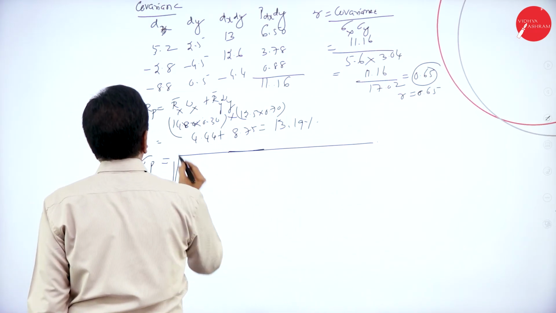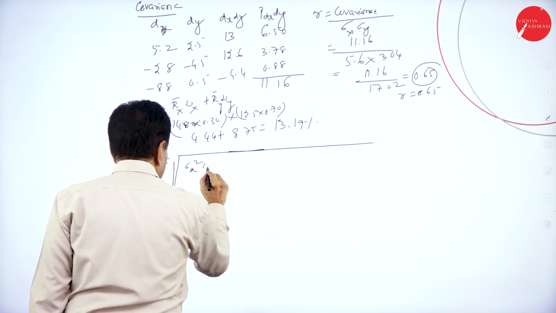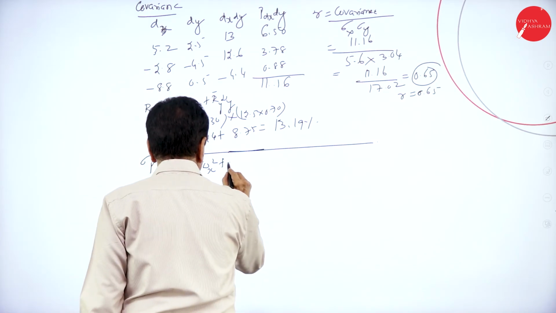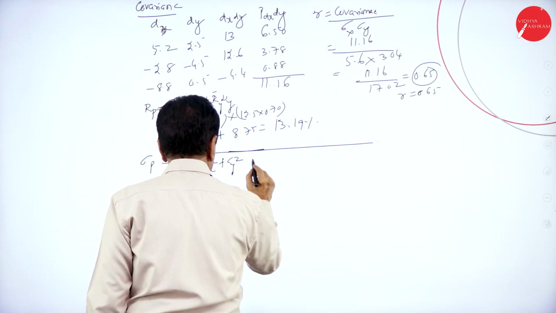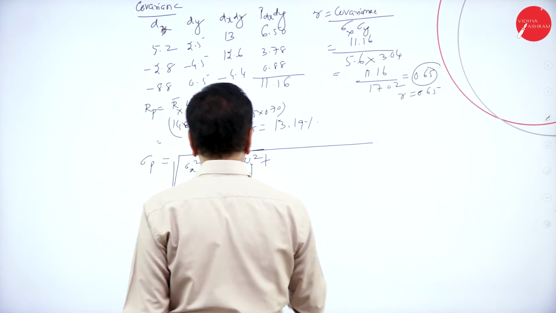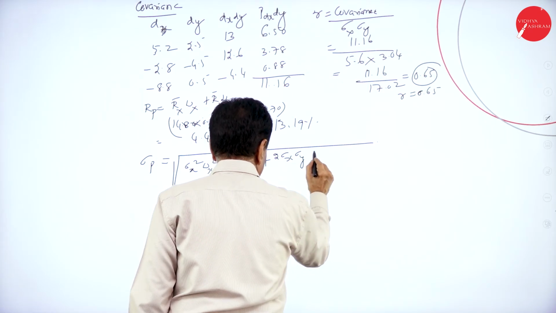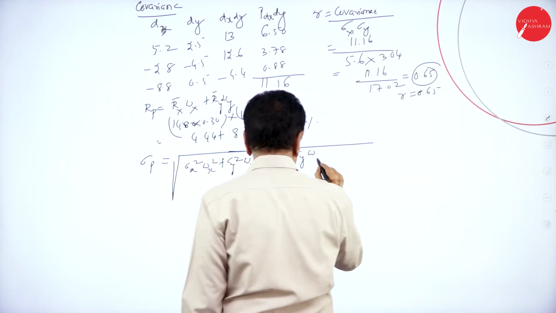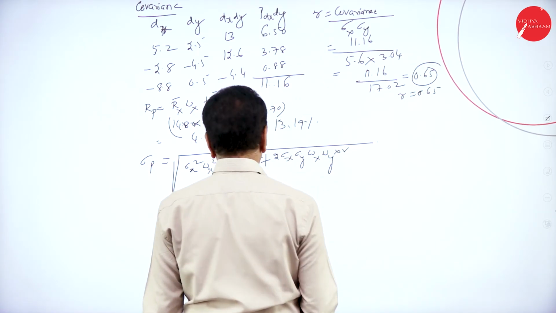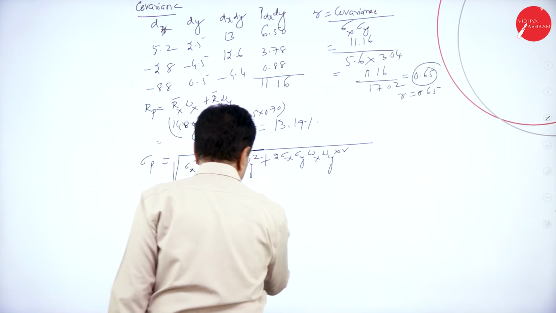first one, standard deviation x square, wx square, plus standard deviation y square, wy square, plus 2 into standard deviation x, standard deviation y, wx, wy into r.